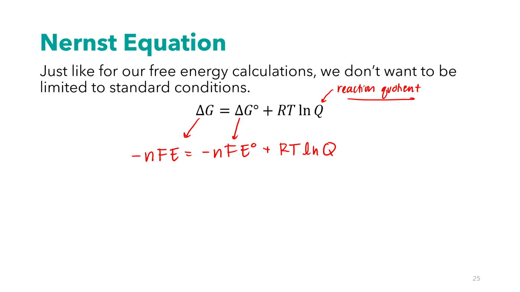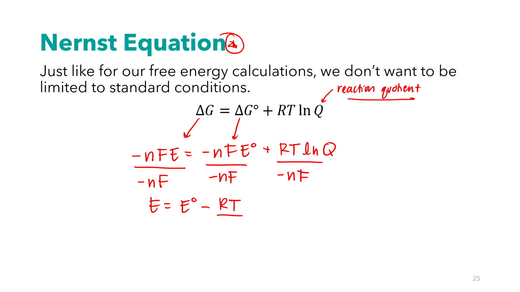We're going to go through and derive the Nernst equation, which is the official name for this equation. Divide by negative NF. So we'll have E equals standard E minus RT over NF times the natural log of Q.